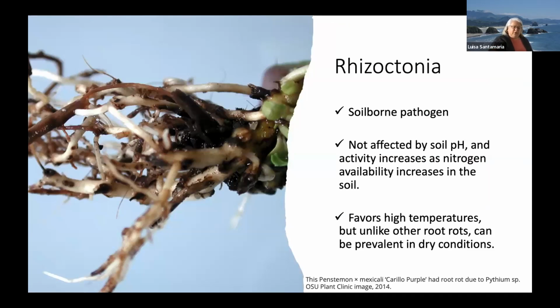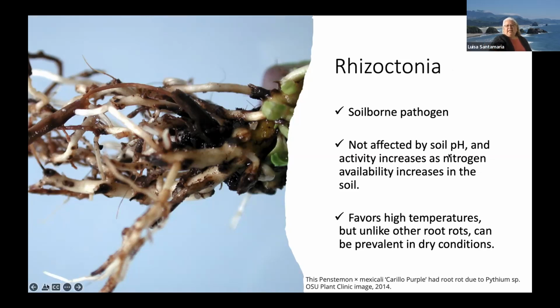Well, I have talked about the two main oomycetes, and now let's go briefly over other pathogens that are also soil-borne and cause damage to plants. The next one that I'm going to talk about, Rhizoctonia, is kind of opportunistic, let's say. If the plants are in a bad environment and they are not attacked by the other soil-borne pathogens like Pythium or Phytophthora, Rhizoctonia is the one that will attack.